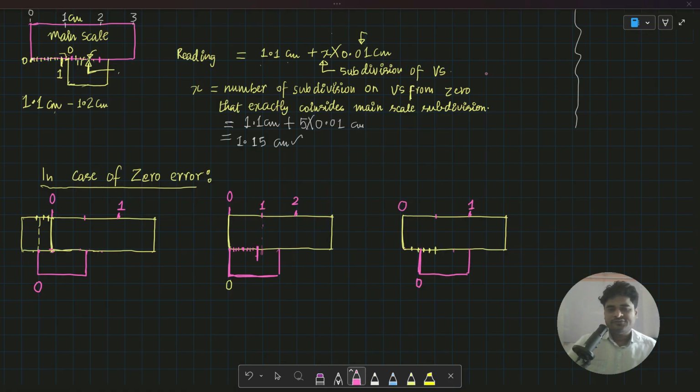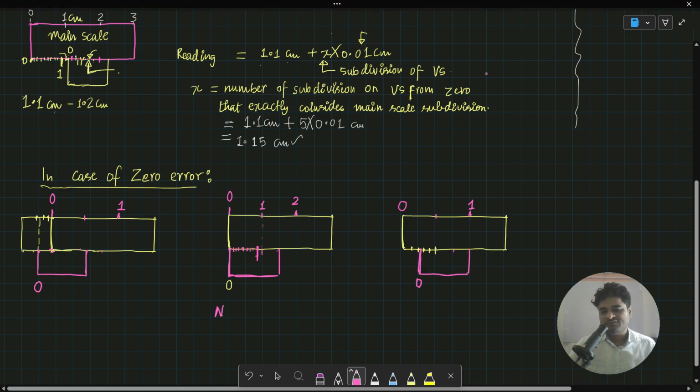Okay, so let's continue our discussion in the case of zero error. When there is no object, and suppose both jaws are aligned in such a way that 0 and 0 are aligned, then we say that there is no zero error. This is the case that we have just studied.